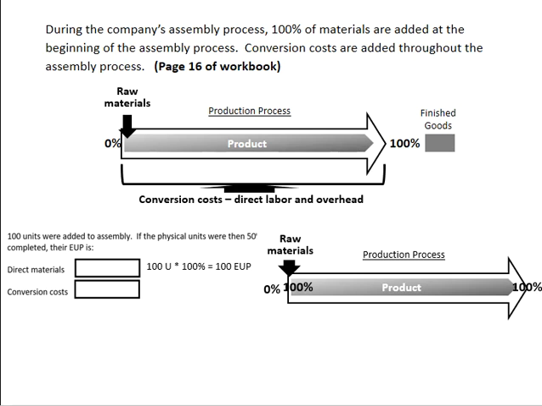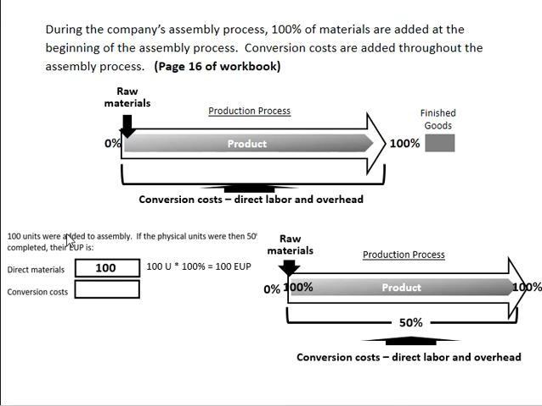Now, based upon that, when we calculate our equivalent units of production, we can say 100 units times the 100% equals 100 EUP. And that's the answer in this case. For direct materials, 100 EUP would have been produced as a result of this effort here. Now we take a look at conversion cost. And remember, conversion costs are added throughout the entire production process between 0% and 100%.